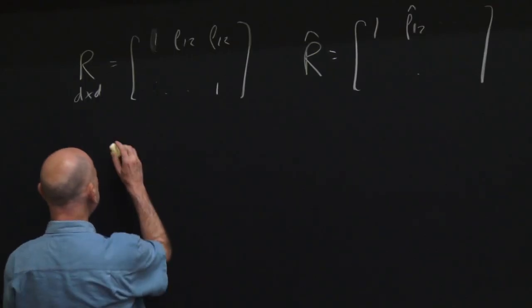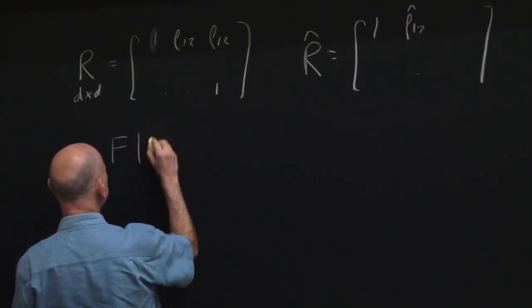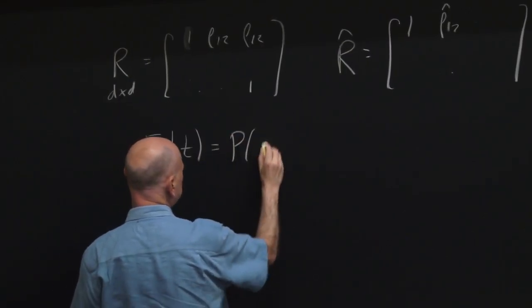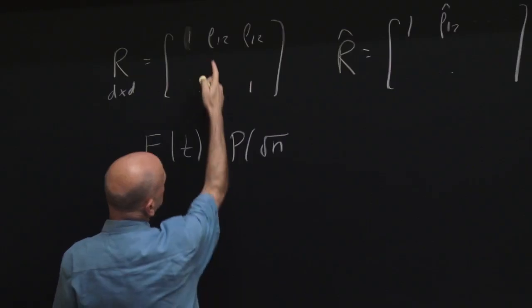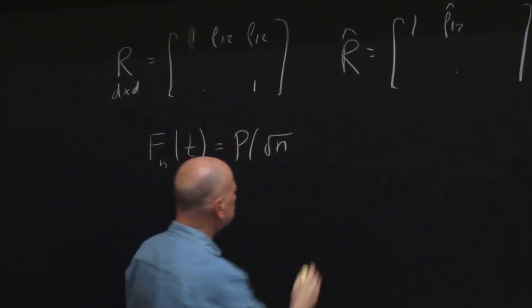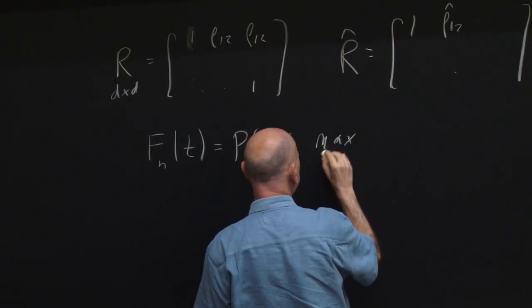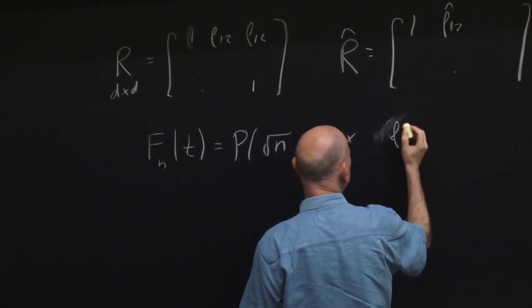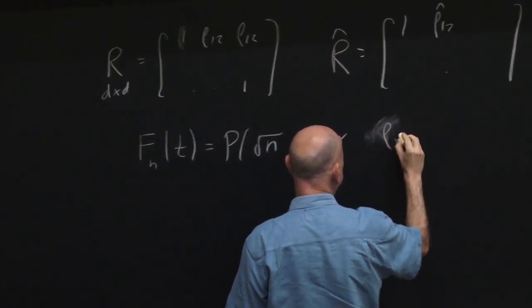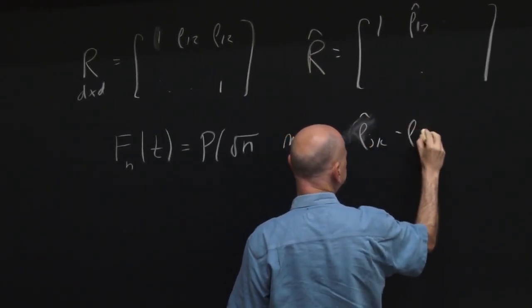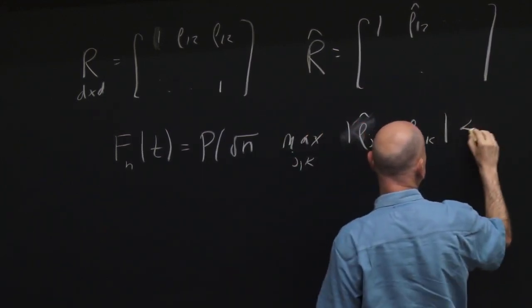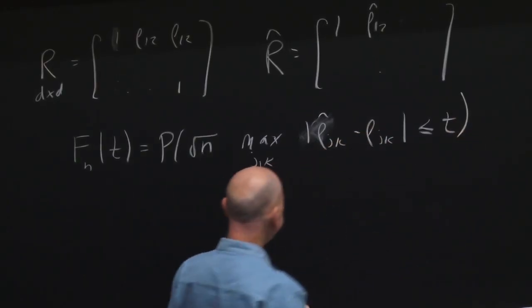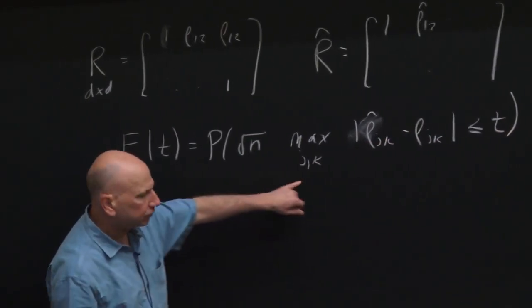So here we go. Suppose that I knew, let me define F of t to be the probability of the square root of n times the maximum over all jk of the difference between the estimate and the truth, being at most t.